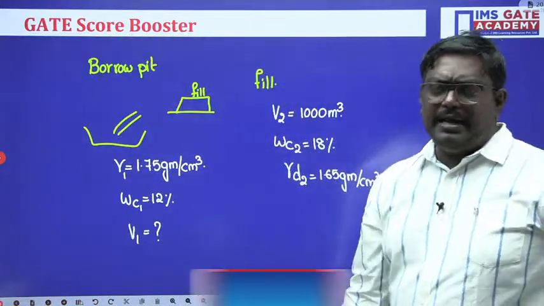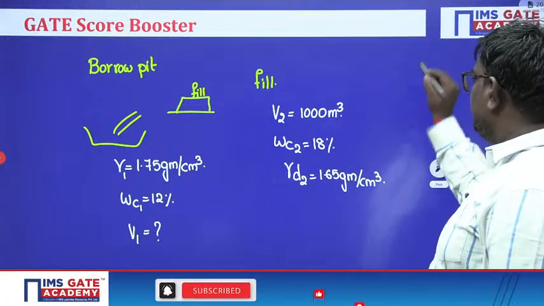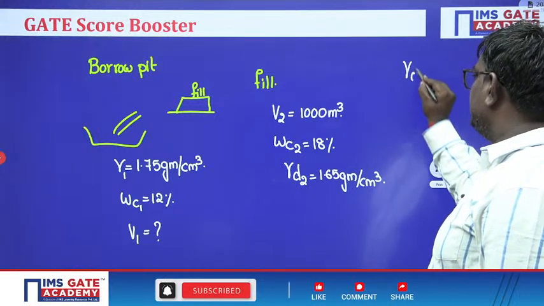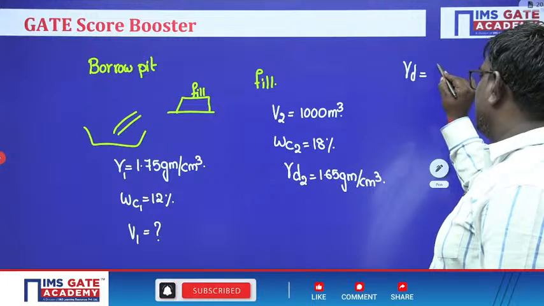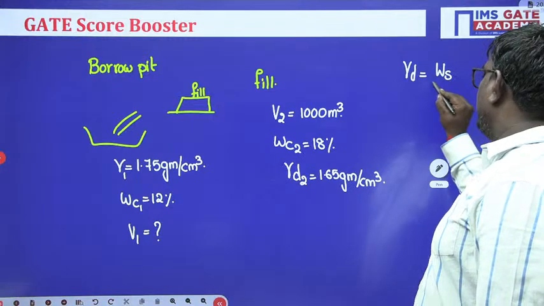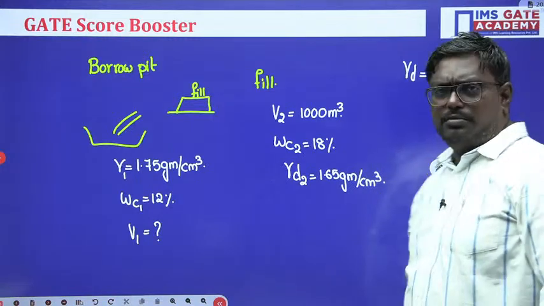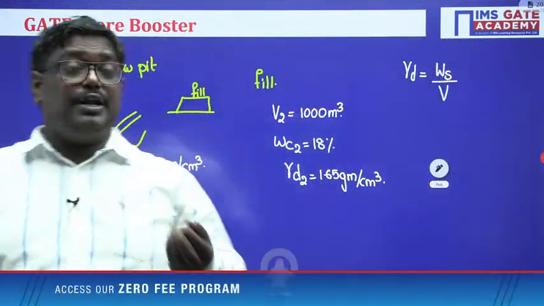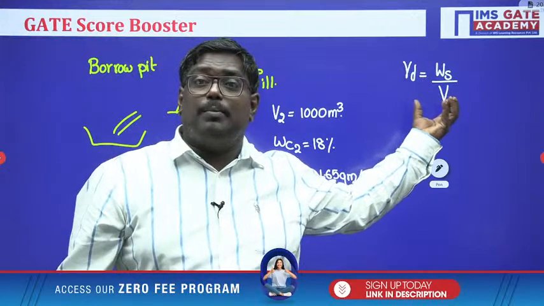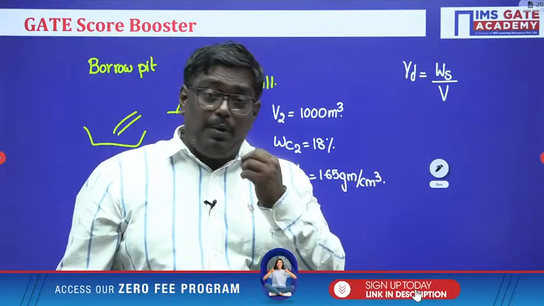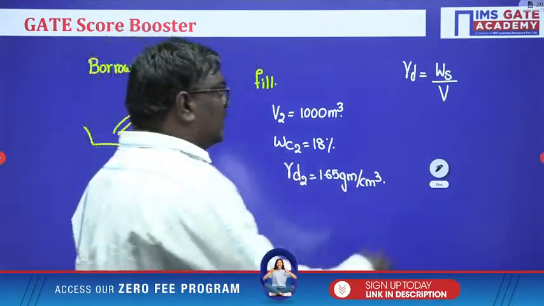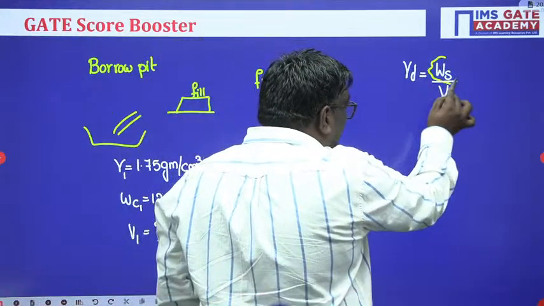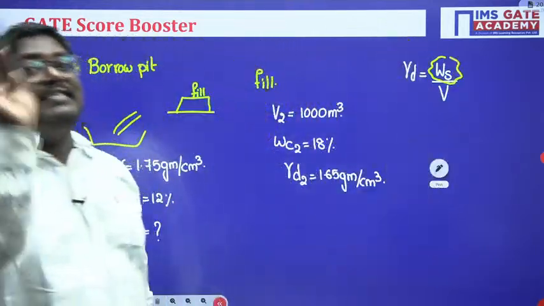Now let me tell you, my dear students, dry density can be written as weight of solids upon total volume. What do you mean by dry density? Dry density is the ratio of weight of solids upon total volume. For a given soil, weight of solids is constant.